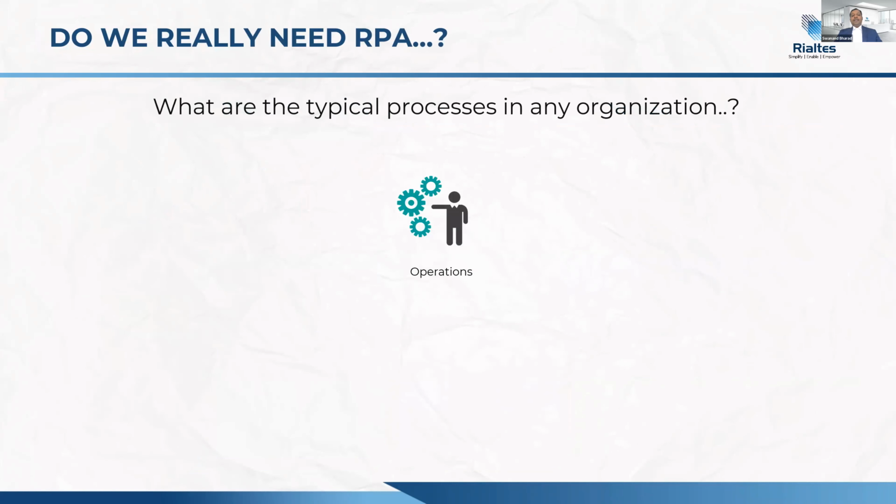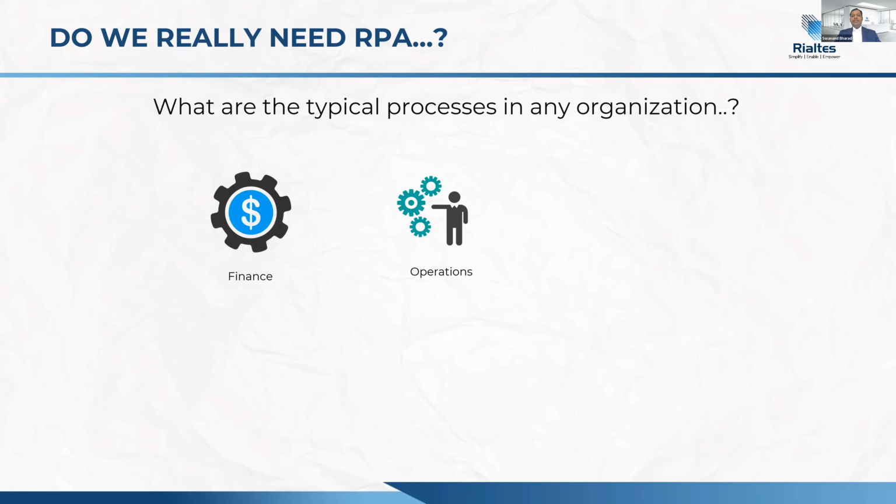So the next question is: do we really need RPA? Here we will check what the typical processes in any organization are. In any organization, we have a number of departments like operations. In operations, we do things like bookkeeping and inventory management. There are a number of business operations we do on a regular basis in many organizations.